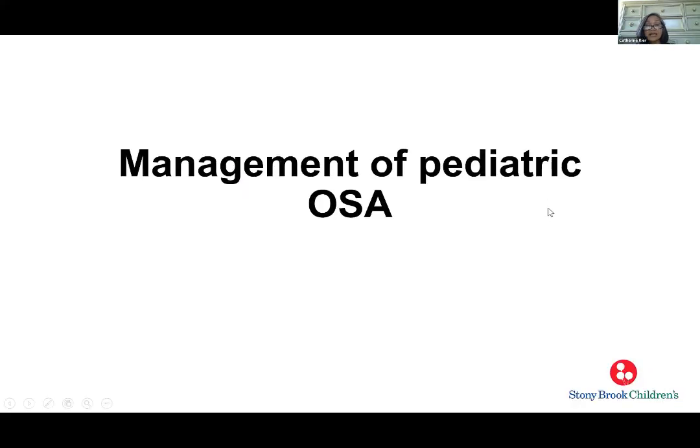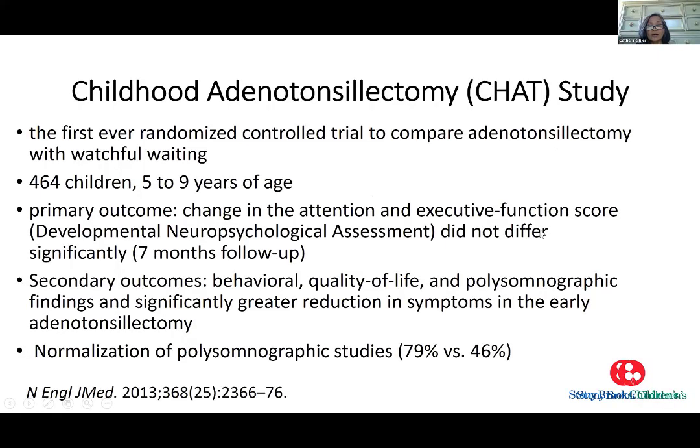Now we'll talk about management of pediatric OSA. Of course, we heard about the Childhood Adenotonsillectomy, or the CHAT study. Again, this was spearheaded by Carole Marcus, and it is the first ever randomized controlled trial to compare the surgery with watchful waiting.